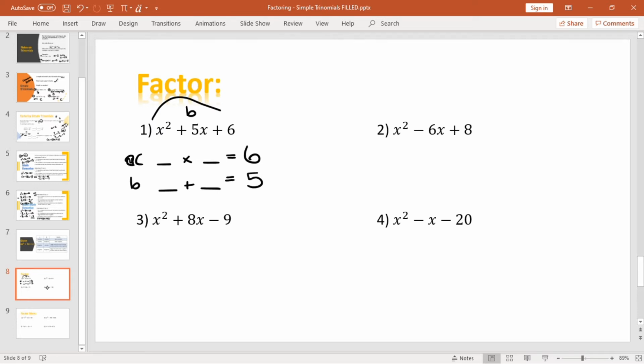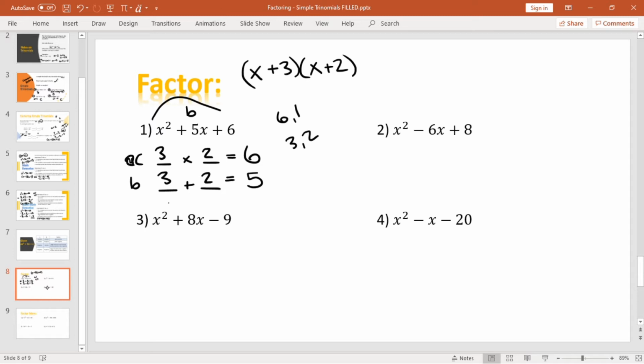So always looking at factors of 6, my choices are 6 and 1 or 3 and 2. 6 and 1 add to 7, no good. 3 and 2 add to 5. There you go. B was positive, so I know that they're all going to be positive, and the answer for this one will be x plus 3, x plus 2. So notice I'm taking whatever I put into these blanks, and that goes into my factored form.